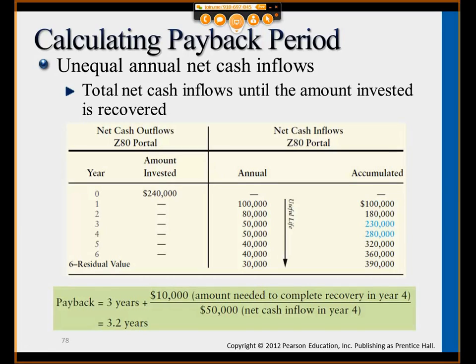What we want to do first here is to recover that cost, right? So within 3 years we have 230,000. Okay? So our payback is going to take a little more than 3 years, but at first, it didn't say how much it was, right?